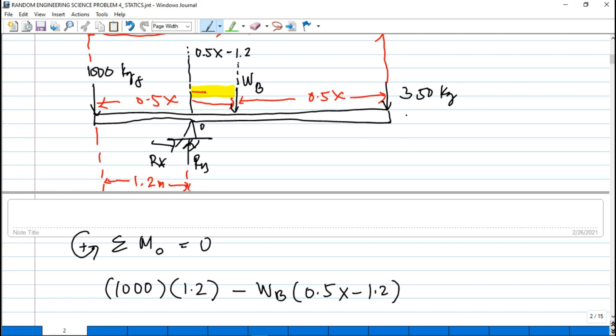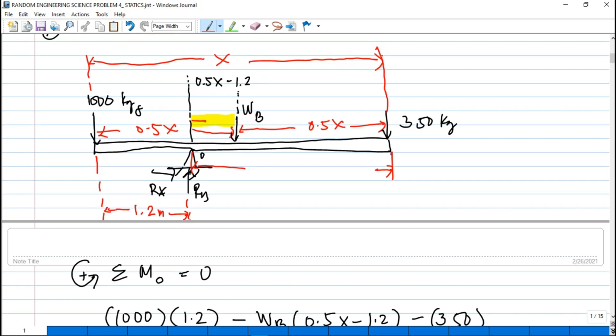Then we have this 350. That is actually a negative moment kasi if you push here, iikot yung beam at a clockwise direction. So this is negative 350 kilograms. Wag na natin muna lagyan ng units. Yung moment arm natin, the perpendicular distance from this point to this point, okay, if this distance is x, and this is 1.2, so this distance is x minus 1.2.